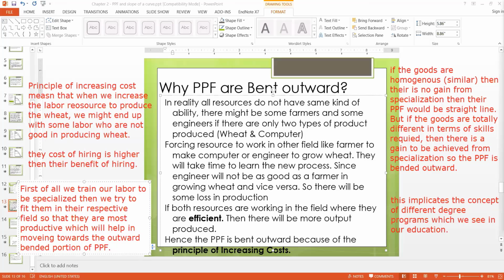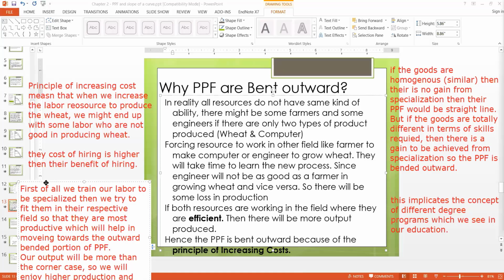So what will happen if we are on the outward bended portion of the PPF? The advantage is our output will be more than the corner case. So we will enjoy higher production and growth.